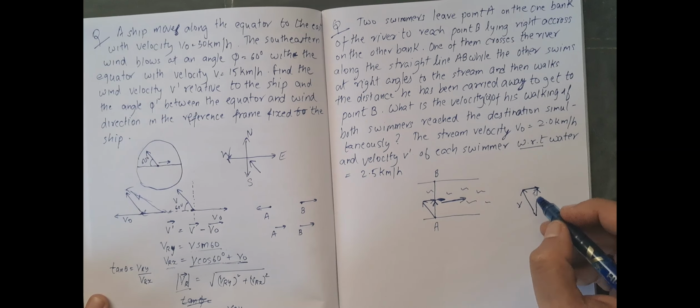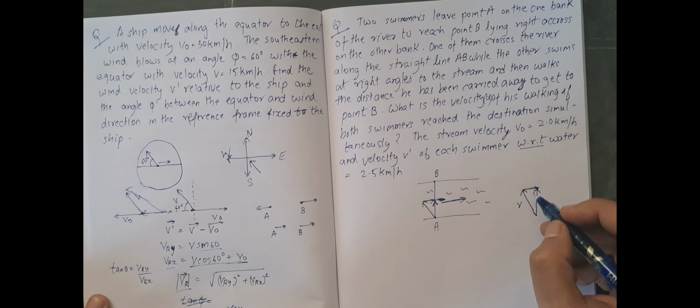Now suppose this angle was alpha. In that case we know that the horizontal component of the velocity vector will be equal to Vr, where Vr is the velocity of the river. So suppose the velocity of the swimmer is V1, because there are two swimmers.